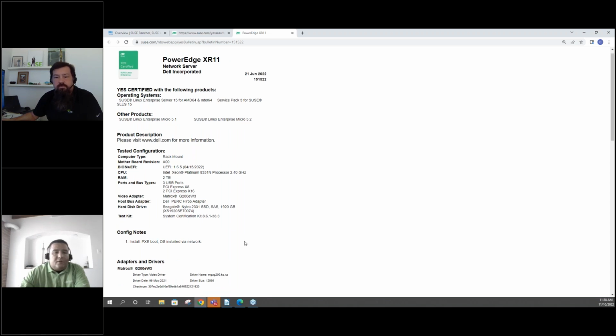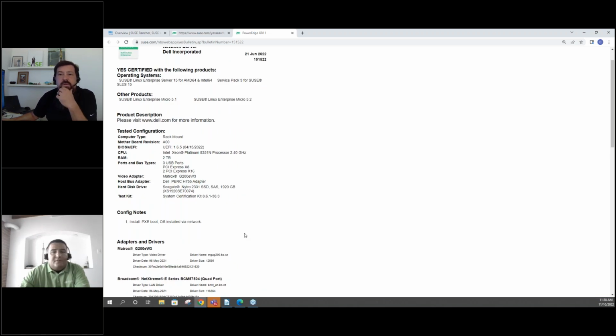You can see the bulletin which describes different types of configurations. So if you see that in SUSE certified, SUSE Linux Enterprise Server is certified, just so you know, SUSE Linux Enterprise Micro inherits all those certifications. Perfect. So we are talking that there are thousands of different types of configurations that are supported, that are verified for PowerEdge servers that maybe you own already and would like to repurpose for edge type of deployment.